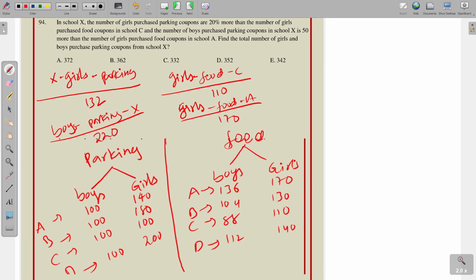So the total number of girls and boys who purchased parking coupons from school X is 352. Total is 352.